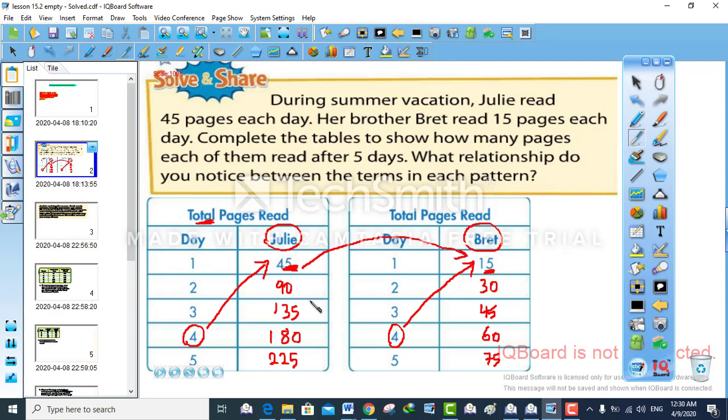What is the relation between 90 and 30? Each and every time you'll find that 15 and 45, yes, it's treble, 3 times. What Jolie did is 3 times as much as Brett did. Next question.